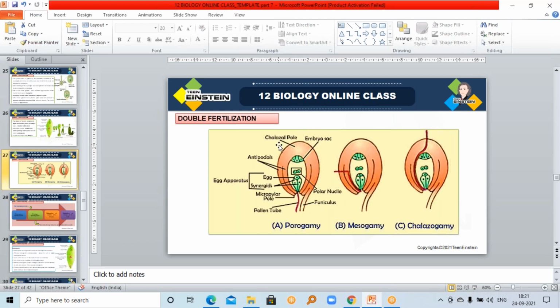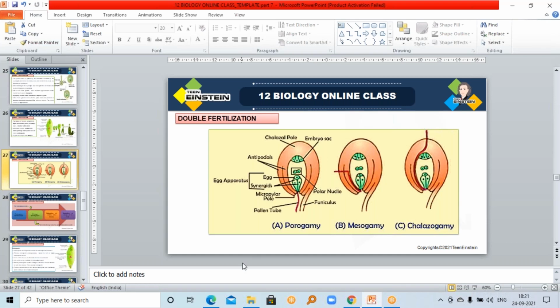After the pollen grain reaches the stigmatic surface, it germinates and that pollen tube enters the ovule through the micropylar region. That is the normal case. Okay, with 2 male gametes, the pollen tube is entering the ovule.